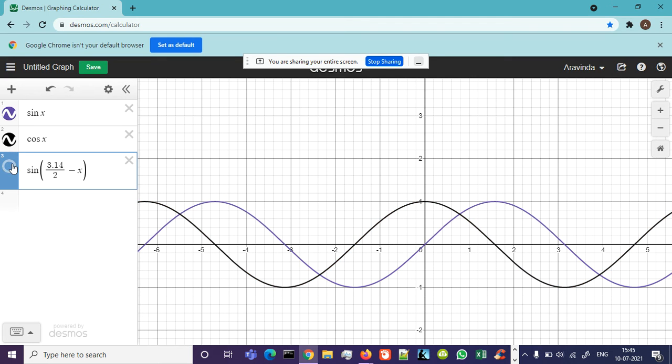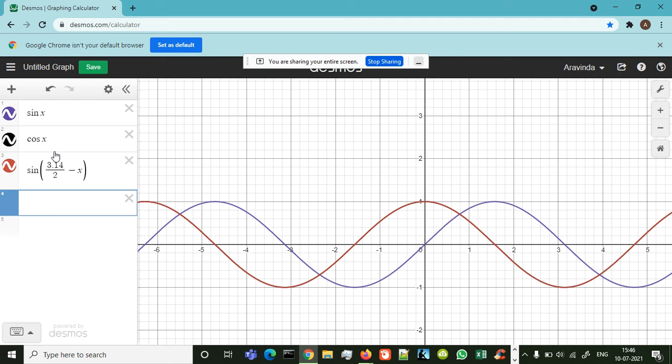If we don't have that, you see that there is cos x. You can see this black line, which is nothing but cos x, and this is the same as sin of pi by 2 minus x. So both of them coincide. This is the relationship which sin x and cos x share.